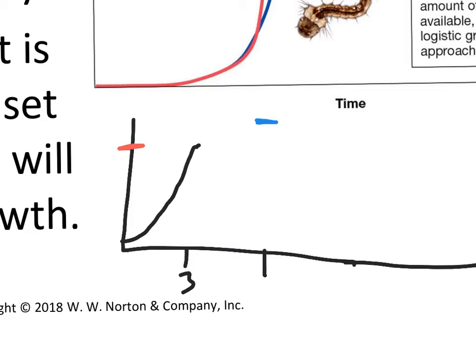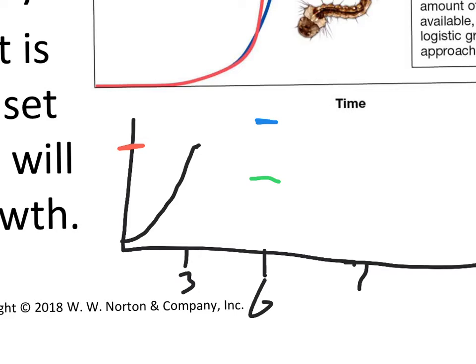Later in the season, it's the end of the growing year, and let's say the actual carrying capacity drops all the way down here, for the rest of the year.